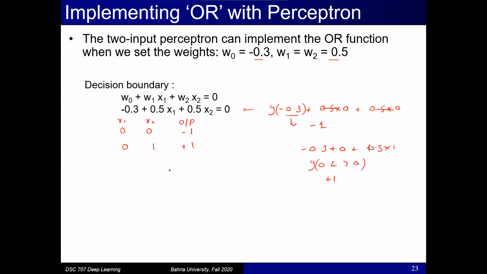Similarly, if you plug in 1, 0, again it will be 0.5 minus 0.3, 0.2 again, which will give you a +1. And when you plug in both x1 and x2 equal to 1, it will be 1 minus 0.3, which is 0.7, again a positive value, so your output would be +1.